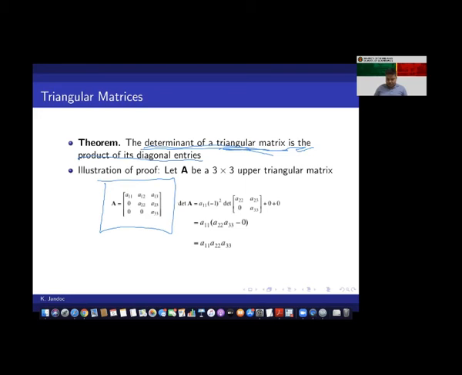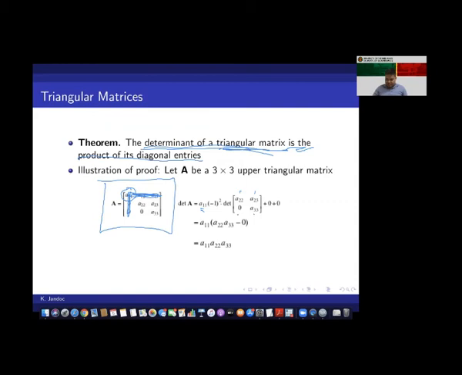for example, we get the cofactor associated with the entry A11. So it's negative 1 squared over here because it's 1 plus 1. And then the determinant of the submatrix when we delete row 1 and column 1, which has entries A22, A23, 0, and A33.